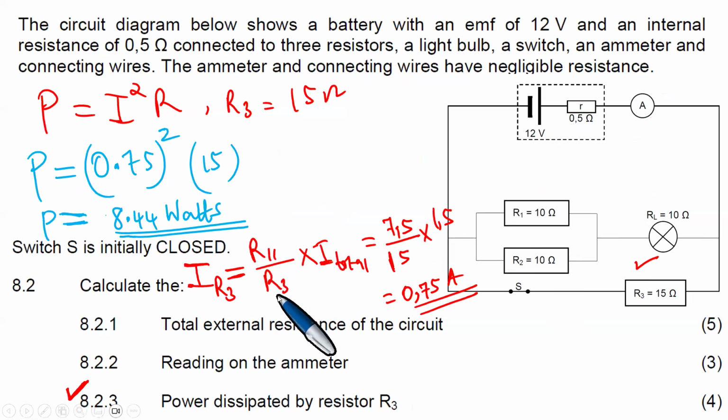So you can use ratios, and then say the 7.5 ohms are parallel. You divide that by the R3, and then you are able to get the correct answer, which is 0.75. So I, which is 0.75, you square times 15, and therefore it is 8.44 watts.